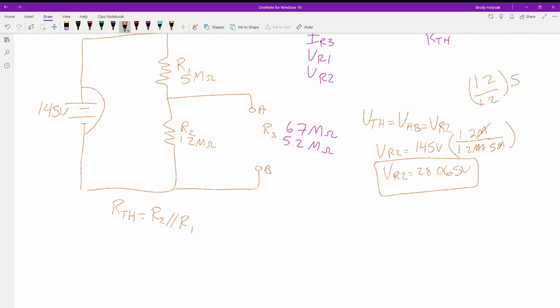Again, we can use either of the methods that we have, the reciprocal method or the product over the sum, to find this value. Either way, we should get the same answer. I prefer using the product over the sum. So we'll take the 1.2 meg multiplied by the 5 meg, and divide that by those two added together.